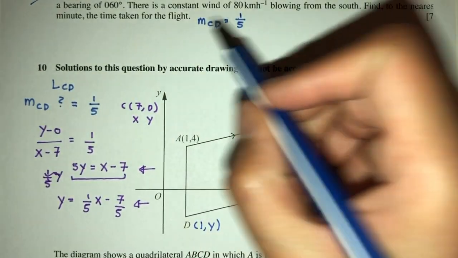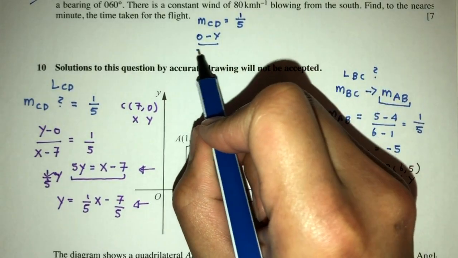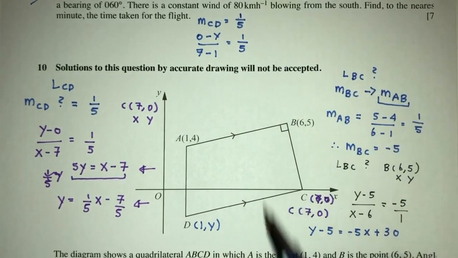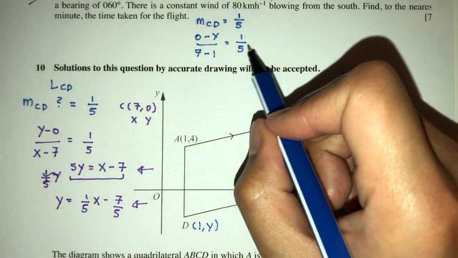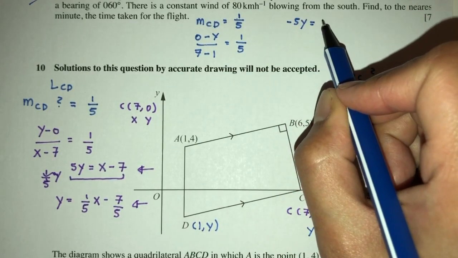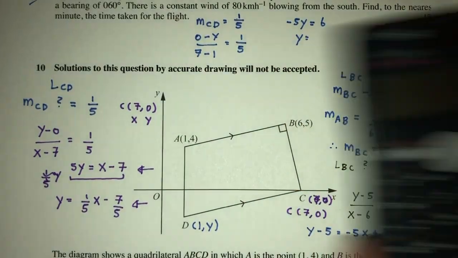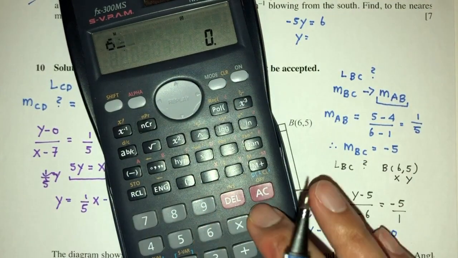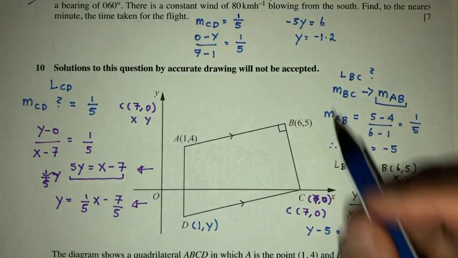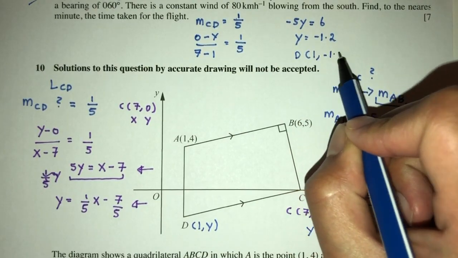That will be y2 minus y1 over x2 minus x1. That should be 1 over 5. So let's solve. You will have minus 5y is equal to the value of, this is 6. So y has to be 6 divided by minus 5. So minus 1.2. So the point D finally is 1, minus 1.2.